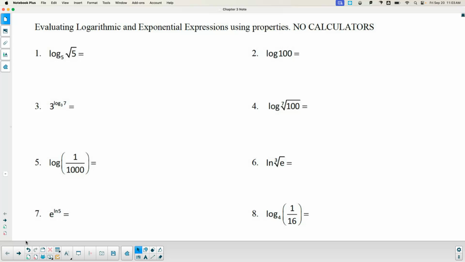So for instance, in number 7 we have a base of e on our exponential term, and we also have a base of e in our logarithmic term, which is in the exponent. So these two just cancel each other out, and we're left with just 5.